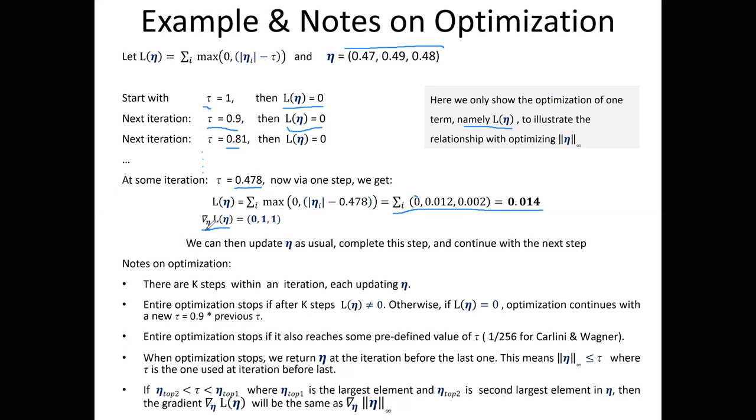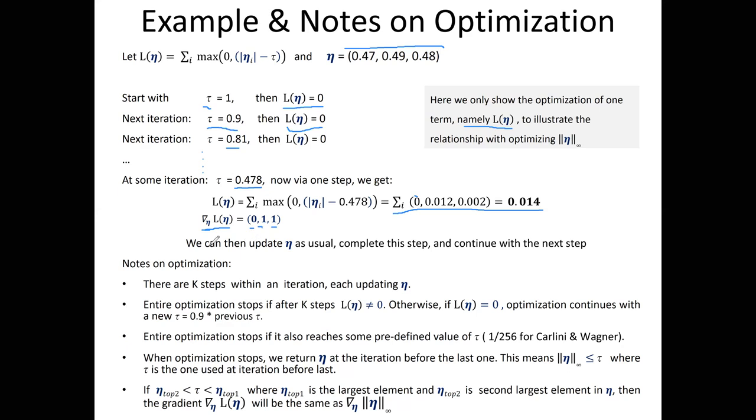And now because potentially all dimensions here contribute to the value of L, for all of these positive dimensions the gradient is going to be 1, because a very small change here is going to change the value of L by that amount. While for this dimension, the gradient is 0. This entry is 0, just like before.